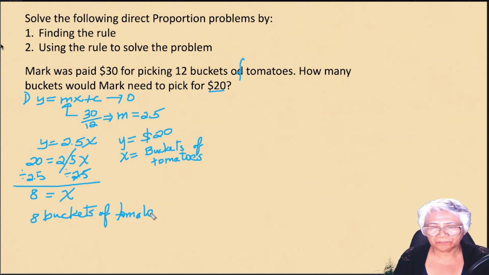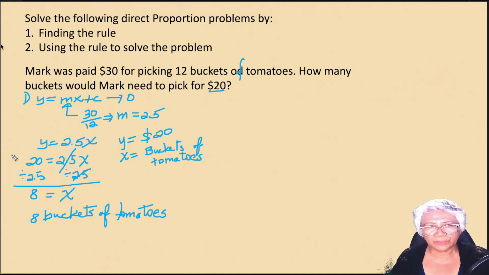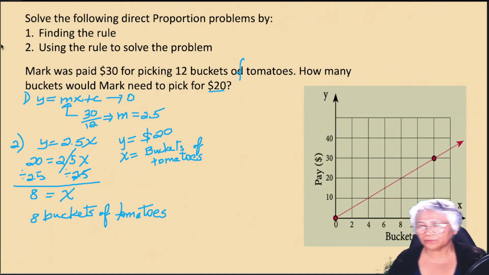All right. Now let's look at this, which should be number 2. What we are looking for is to solve the problem, which is: how many buckets would Mark need to pick for $20? We're going to look at the graph. So the graph would be that.